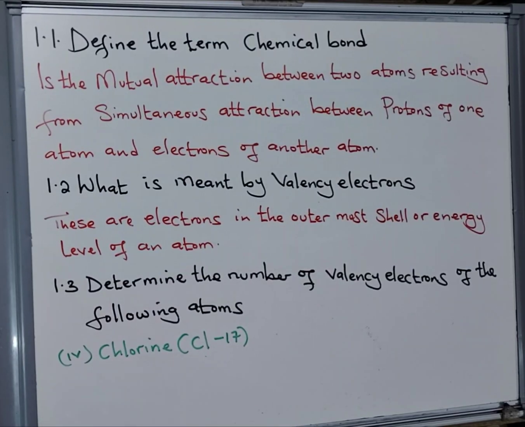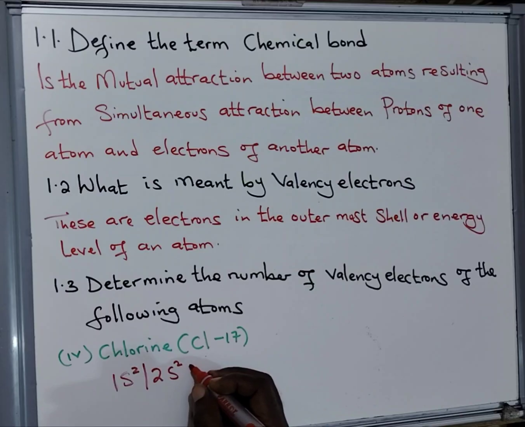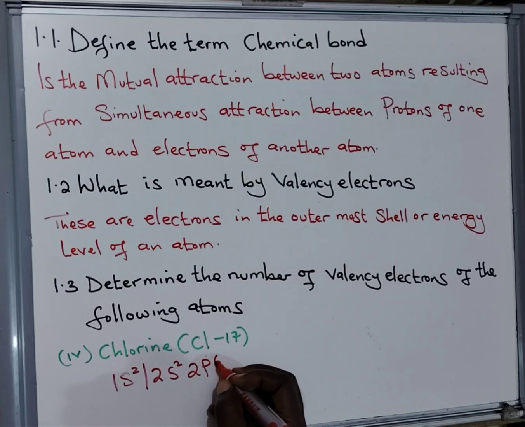Then comes chlorine with atomic number 17. So what do we do? We have its electronic configuration. It is 1s2, 2s2, then 2p. When you make a count here, what do we have?